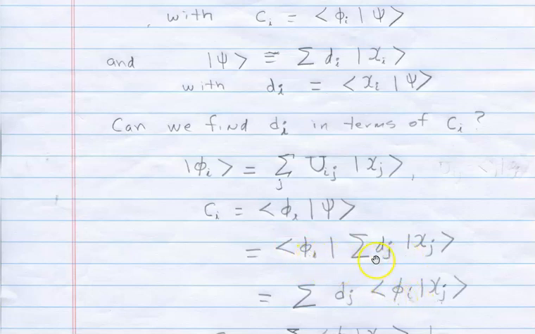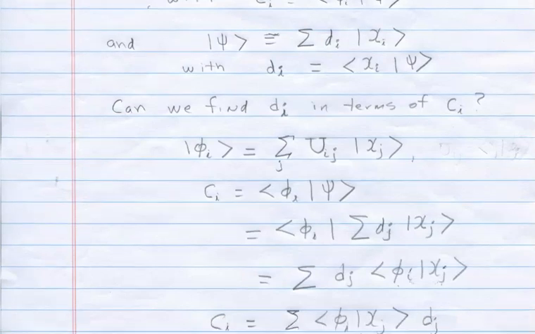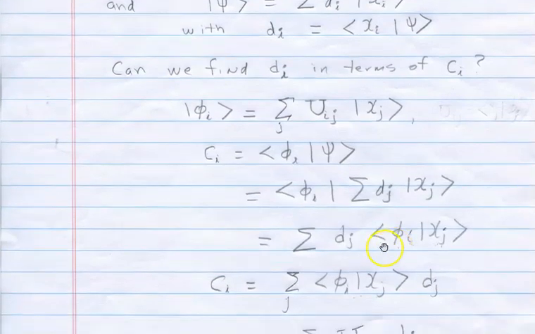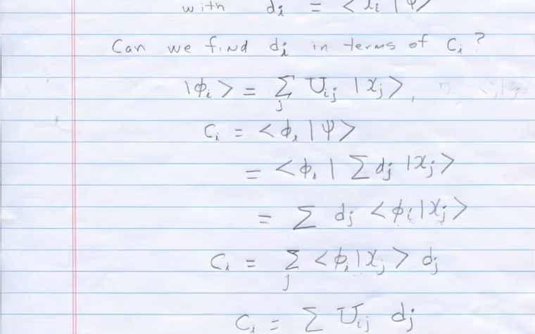It just comes across. This is summed over j, and it's the inner product of phi_i with chi_j, times d_j. And now if you look at that, this becomes really a matrix here. I rewrite it in this form, summed over j, and so we have a direct relationship between the expansion coefficients here and the other.